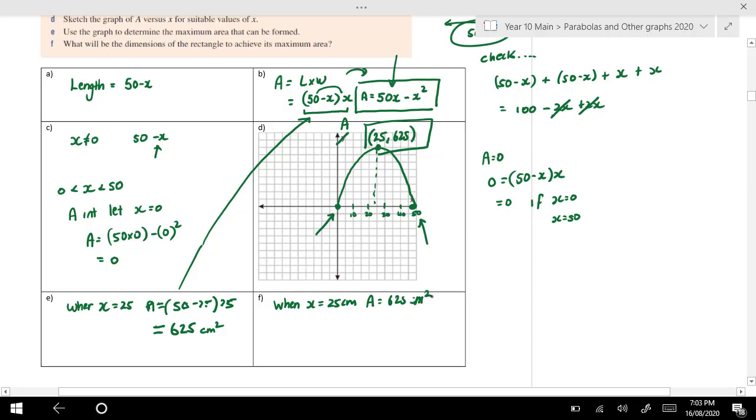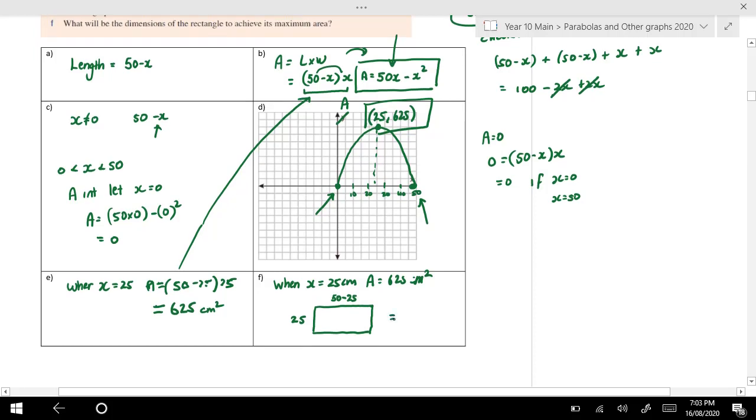Now, what does that mean? Well, if x is 25, then remember, a square is actually a type of rectangle. We said that this was 50 take away x, which is 25. So what are the dimensions of the rectangle?